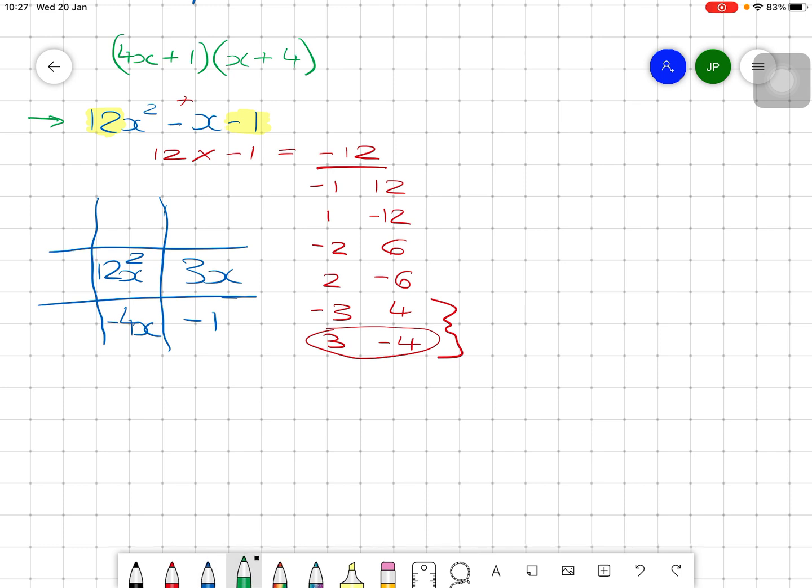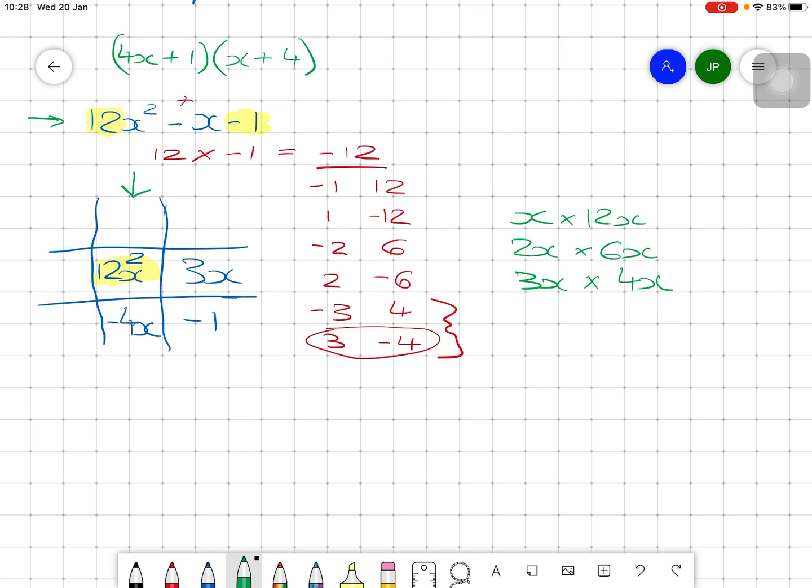Right, 12x squared. In order to make my 12x squared, so to make this first box, because that's what's going to be important, I could use x times 12x. I could use 2x times 6x. I could use 3x times 4x. So we need to check what we've got going around. So we're going to start with this one, and we'll use ticks and crosses.